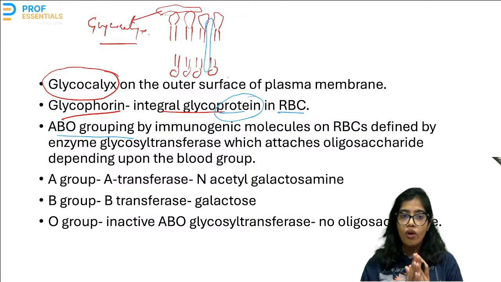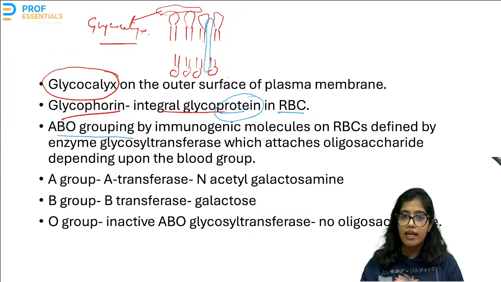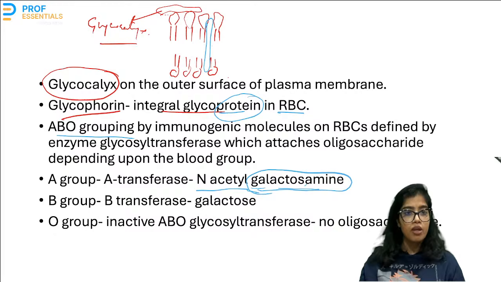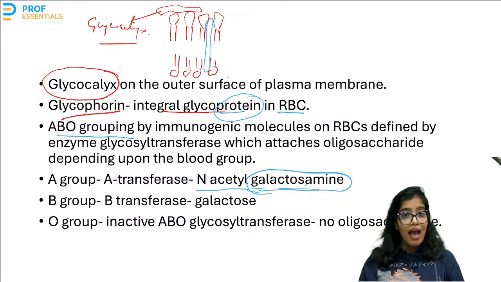The genome will code for the A transferase enzyme, and that A transferase is going to attach an oligosaccharide, N-acetyl galactosamine. This galactosamine is an epimer of glucosamine, just like mannosamine was an epimer of glucosamine. So A transferase attaches N-acetyl galactosamine to the membrane of RBC, and whenever N-acetyl galactosamine is present on the RBC membrane, that RBC is A blood group.